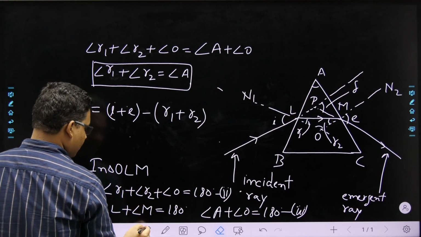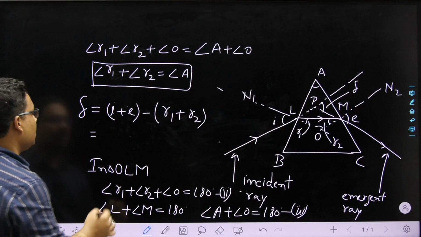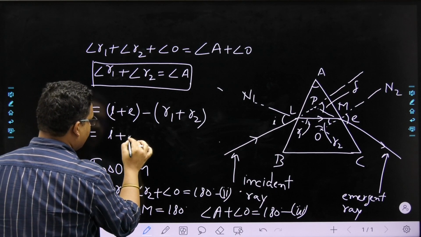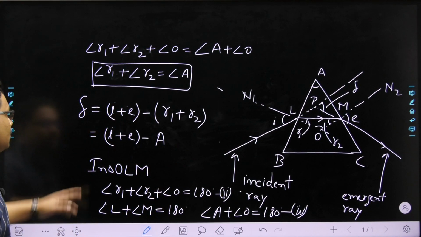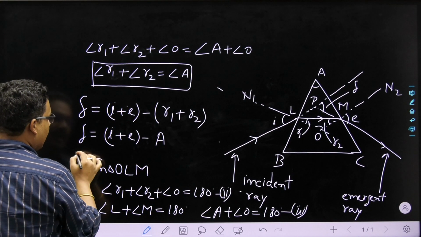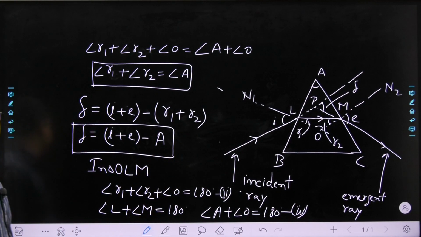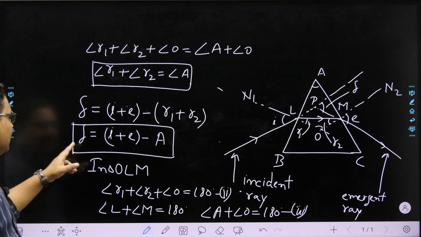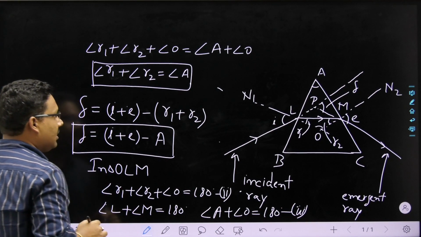In place of R1 plus R2 we will put A. So it will become I plus E minus A. So the value of delta is I plus E minus A. This is also the equation of delta.